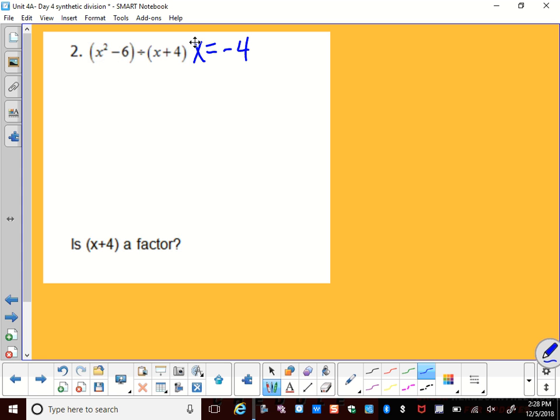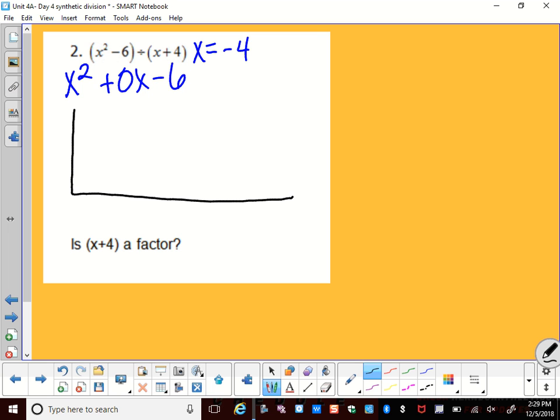Right, x should equal negative 4. Jeff, you with me? Yes. So we should have x squared plus 0x minus 6. Negative 4 on the outside, and then we have 1, 0, and negative 6. I pull down my first number. 1 times negative 4, I get negative 4.